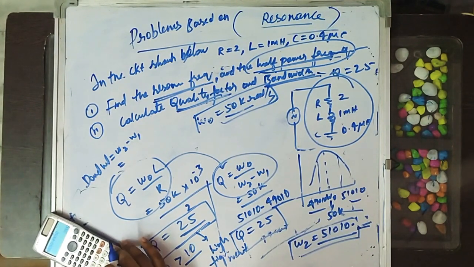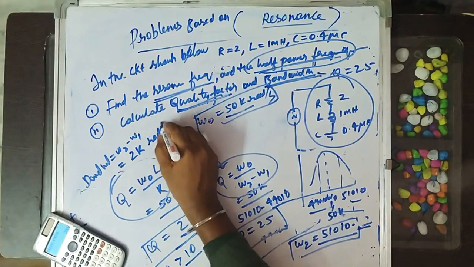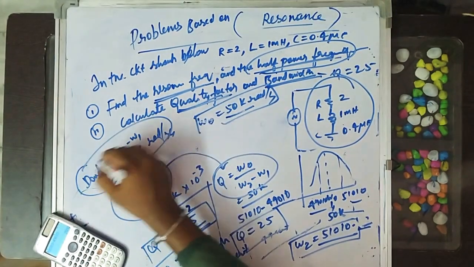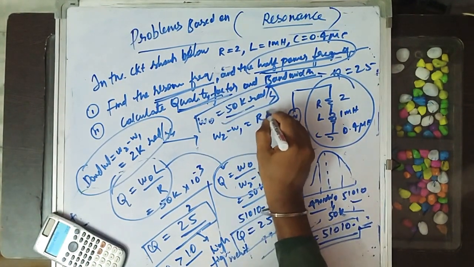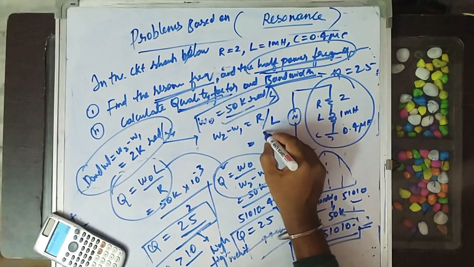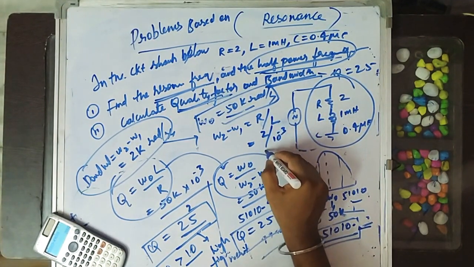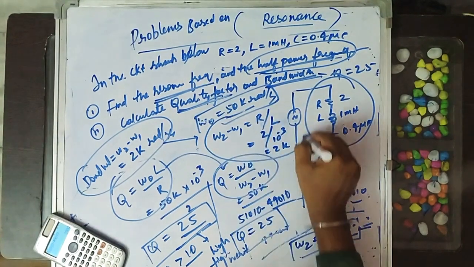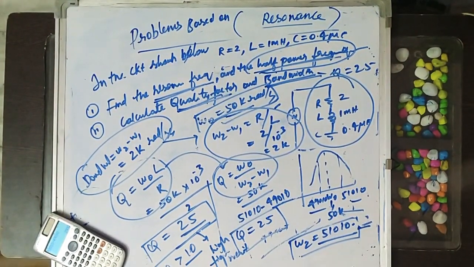So the bandwidth is 2k radians per second. Or else you can find the bandwidth omega 2 minus omega 1 directly by R by L. So R having 2, L is 1 into 10 power minus 3, that is 2k. So this is the value of bandwidth. If you have the formulas in your mind, you can directly apply the values to find the required quantities.